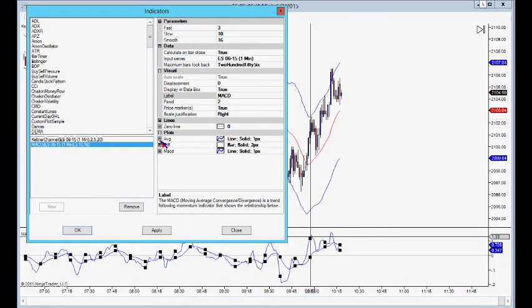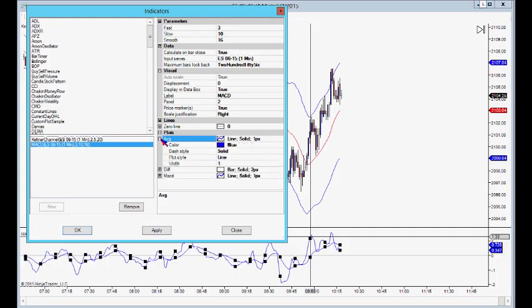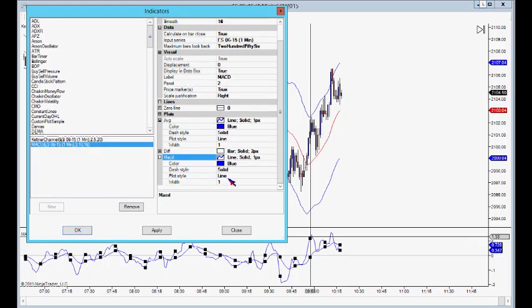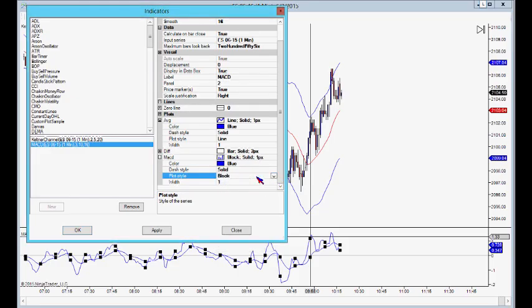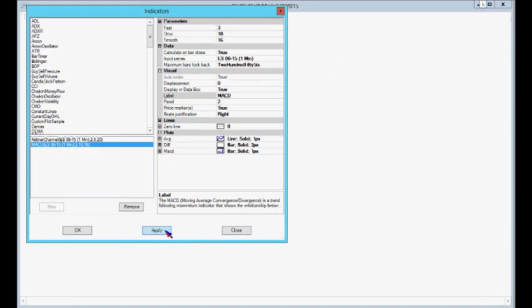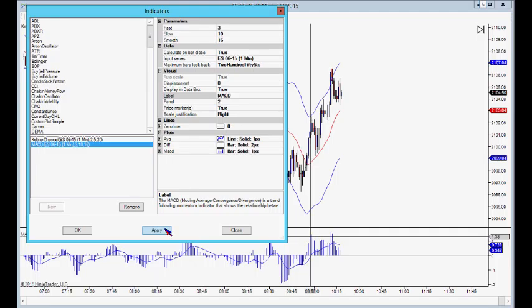Okay, the first one is the average, and we're going to do this solid. Then right below, at the MACD, we're going to do bar. There we go.